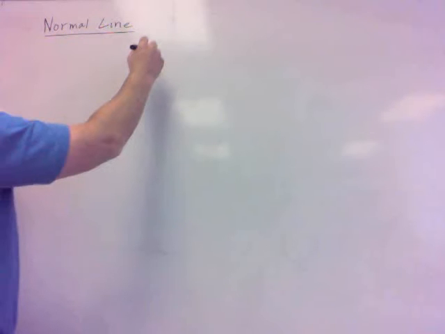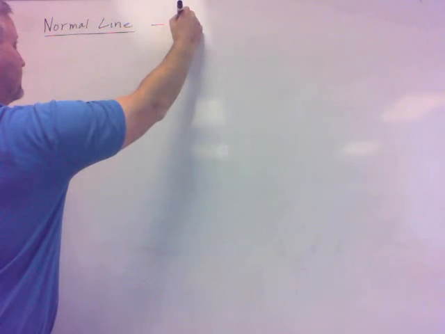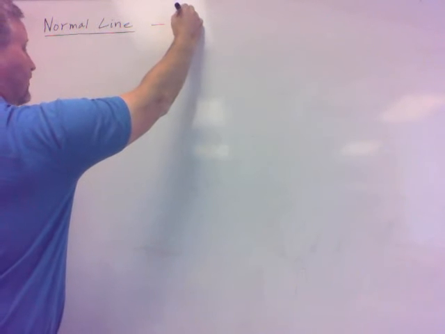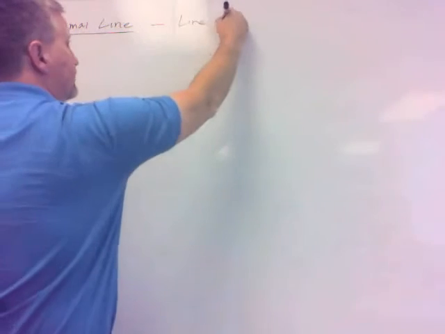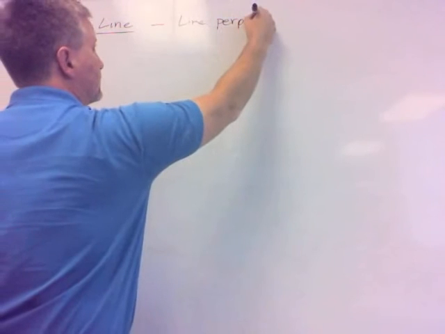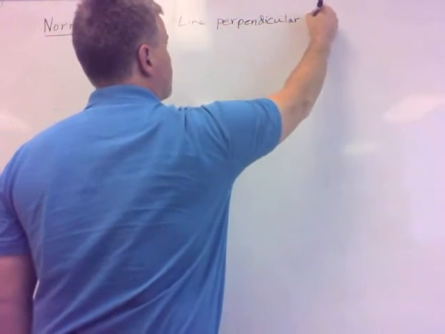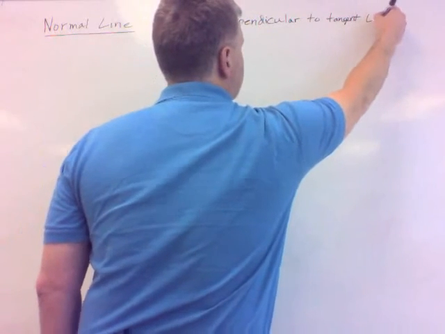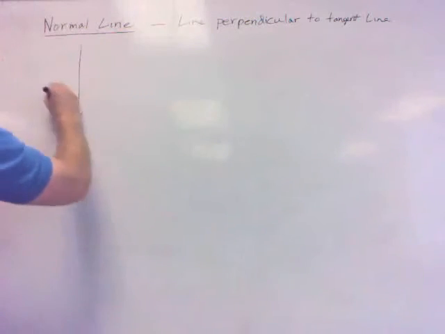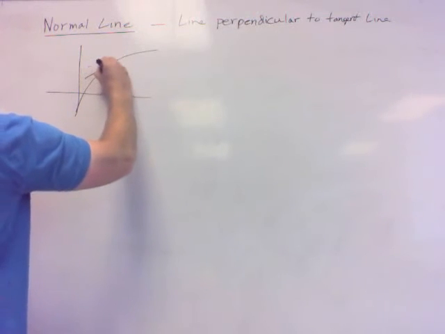...line by being perpendicular. The normal line is the line associated with a curve that's perpendicular to your line of tangent. All right, so we're used to having our tangent line.